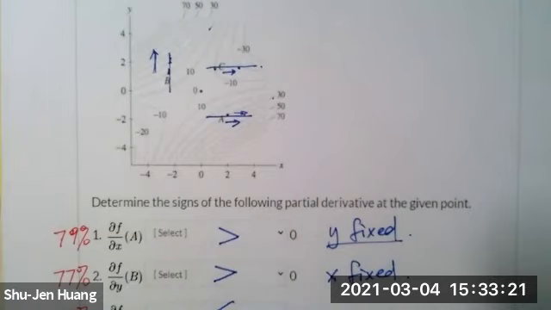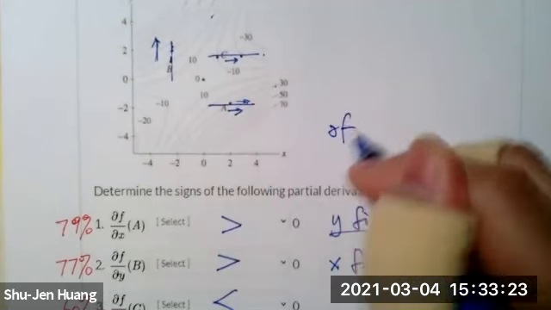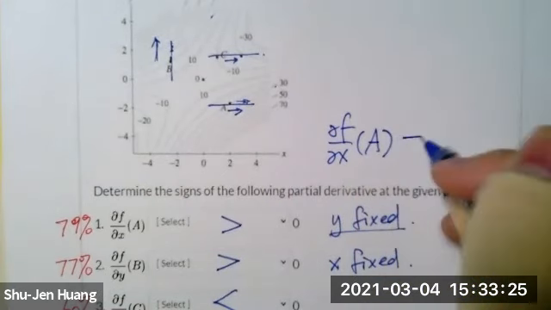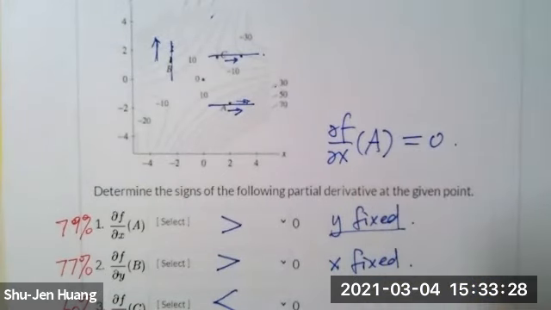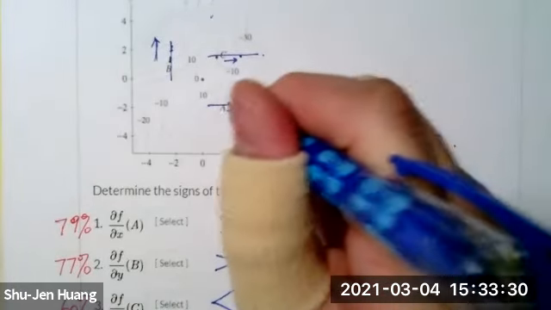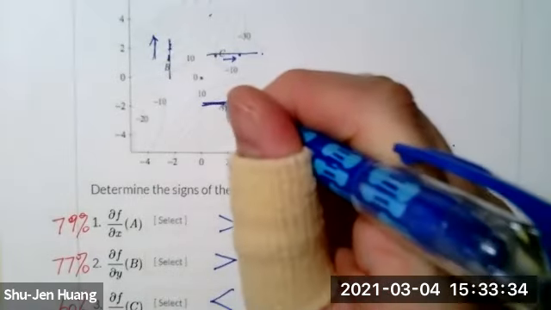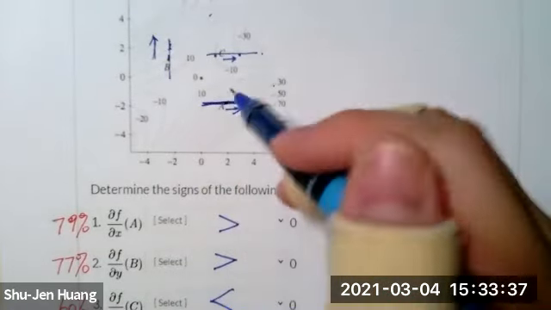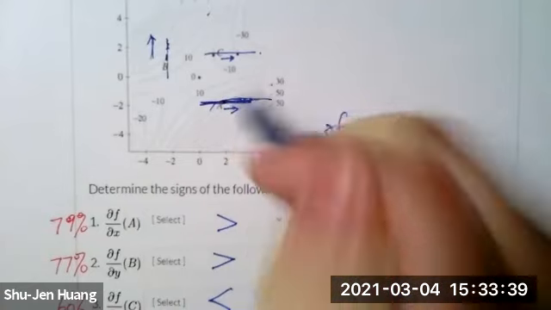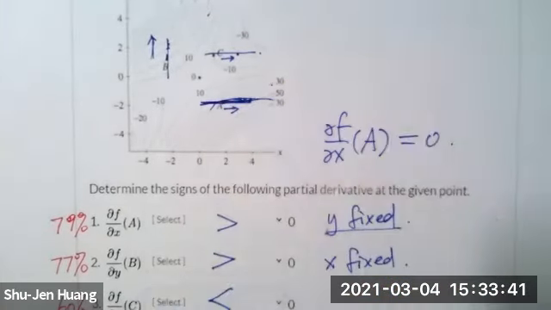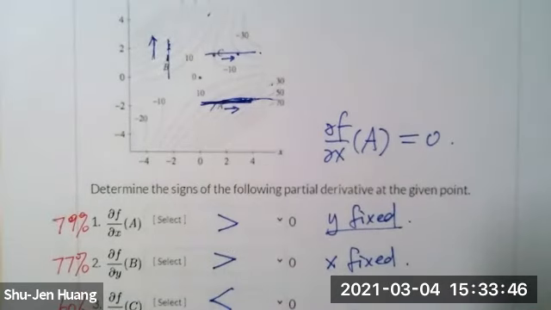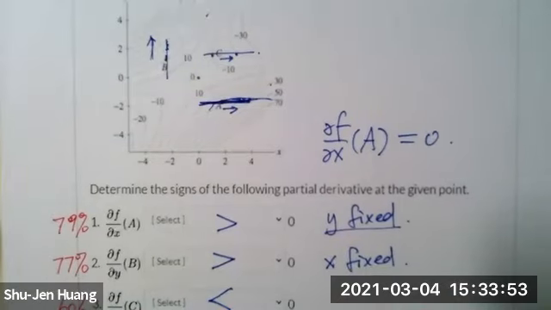For example, if partial f, partial x at the point A equals 0, then when you draw the horizontal line here, the level curve is just along the horizontal line, so it doesn't change at all, and then the derivative will be equal to 0. You see that? Okay. Yeah, thank you. All right, so this is question 18.